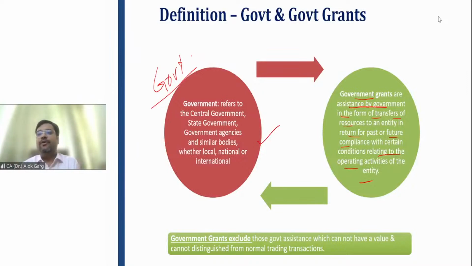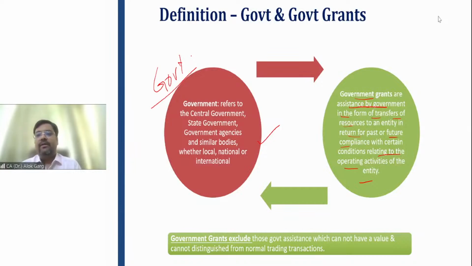Of course, provided you submit all the documents and everything. So government is transferring resources to the extent of 50% of the salary of the staff hired by the company. What is the condition? The condition is employing 500 people in the next 2 years.